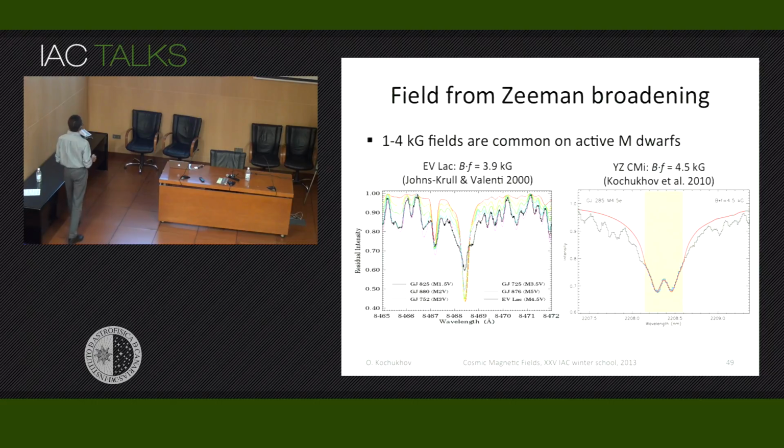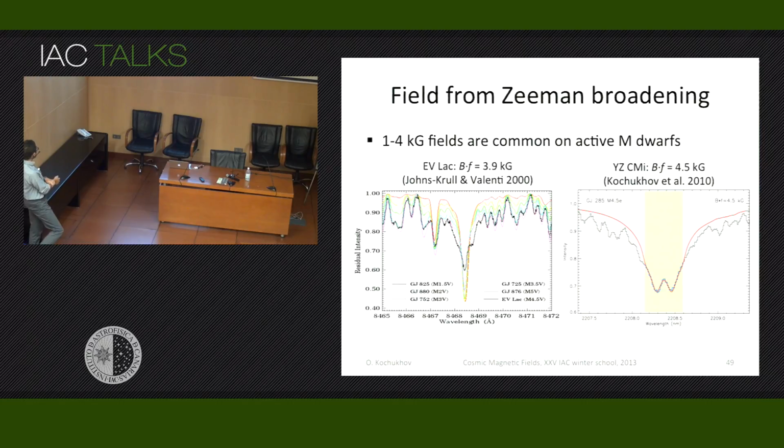What these authors did, they looked at the near-infrared spectral region containing an iron line with a large Landé factor. This iron line has a Landé factor of 3, which is quite a lot. Other spectral features which surround this line are produced by the titanium oxide molecule, which in this particular spectral interval is not magnetically sensitive.